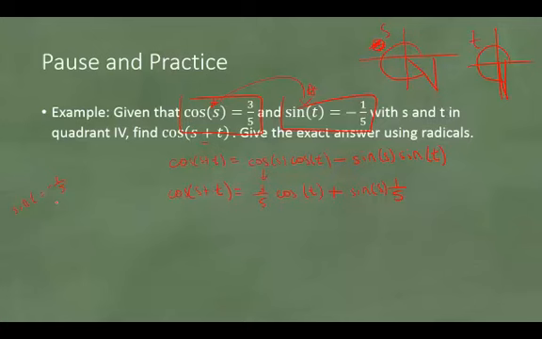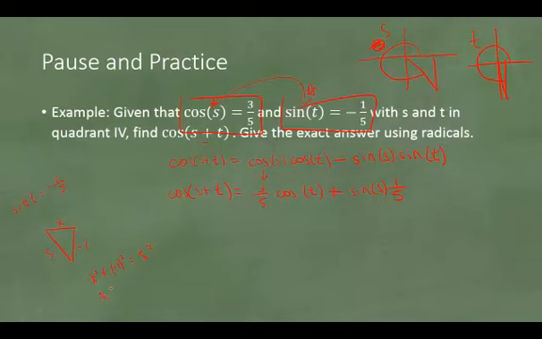So again, we're in the fourth quadrant. Sine T is -1/5. So 5 squared, which is 25, minus 1 squared, which is 1. 25 minus 1 is 24. We're using the Pythagorean theorem here. We're trying to find this side, x. So we have x squared plus -1 squared is equal to 5 squared.